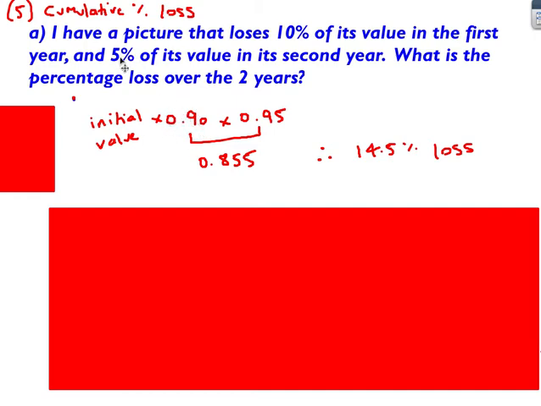And then 5% loss, that's 0.95. So basically, if you just simplify those two together, what is 0.90 times 0.95? It is 0.855. If you're starting with 100%, you've basically gone down to 85.5%. So there it's 14.5% loss.